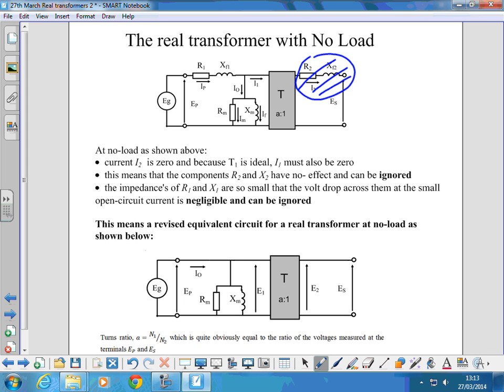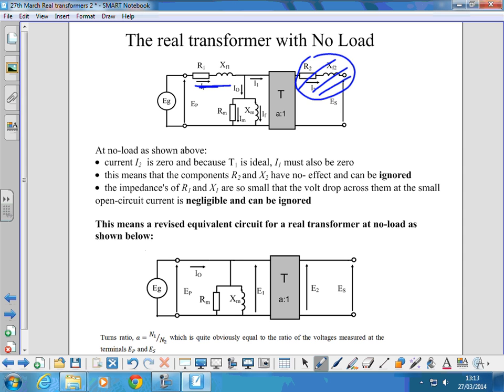Now, the impedances generally of R1 and X1, that's these two here, are so small compared to these ones. If we think that we've got an impedance here in series with another impedance there, that's the impedance to that current I0.